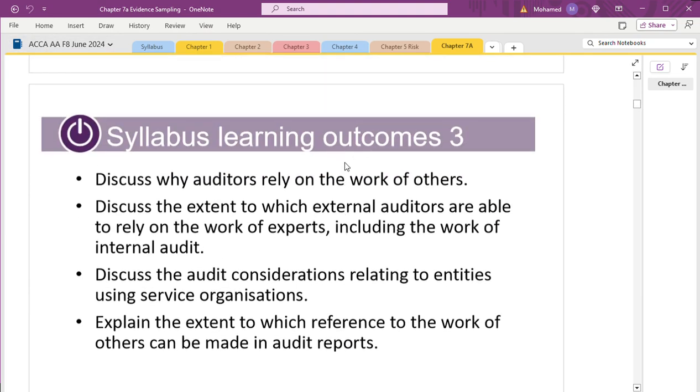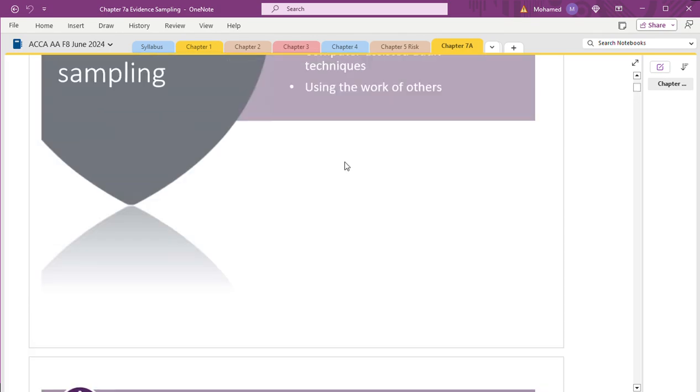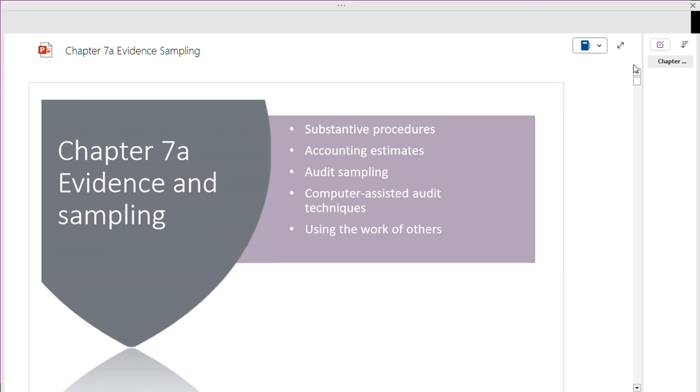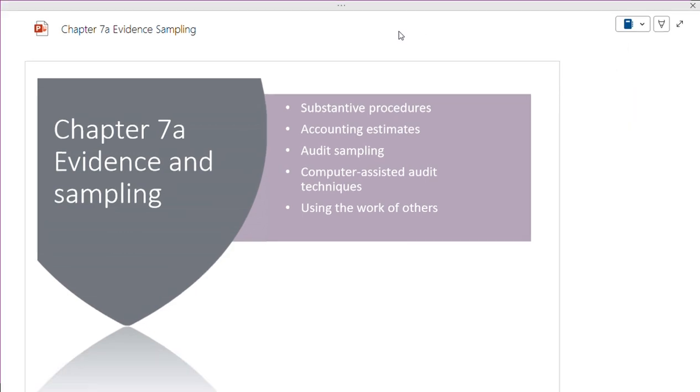Chapter 7 has 7a, and 7b is also there: what are the substantive procedures and how they have to be done with respect to estimates. Then accounting, sampling, computer assisted audit techniques, and ways of working with others.